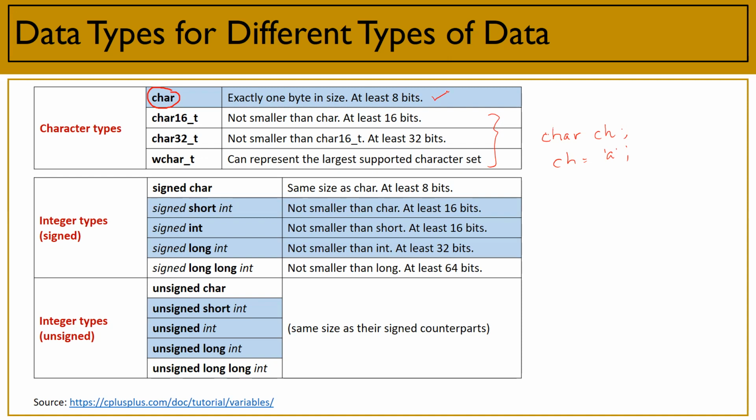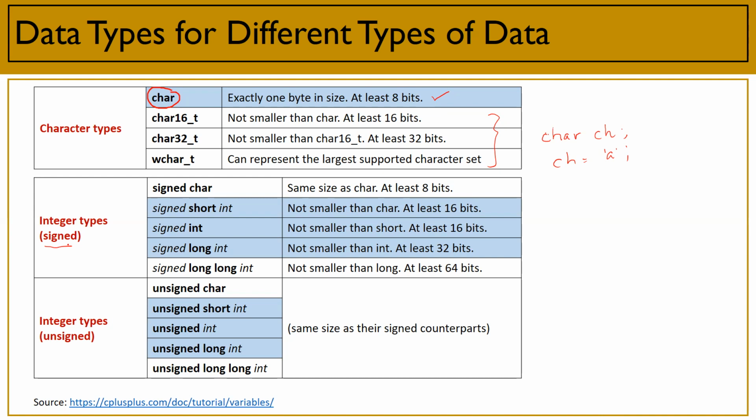Then for integers, we have two types: signed integer and unsigned integer. Signed integers are whole numbers which can have positive or negative values, for example negative 10, positive 10, 100, negative 100.